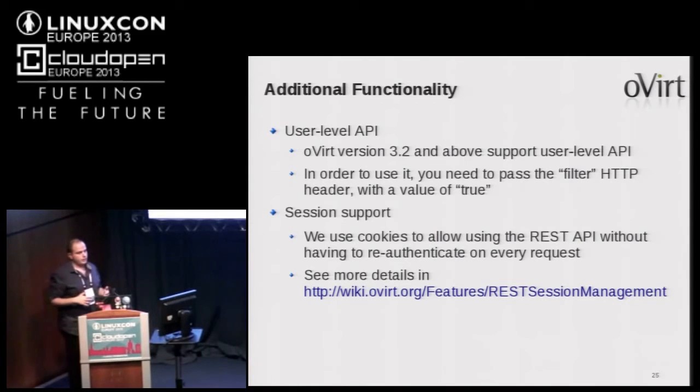In order to do that, we just added a new HTTP parameter that says that you would like to work with a filtered view, because users are only able to see specific objects and not all of them. Administrators, by definition in our environment, can view anything.